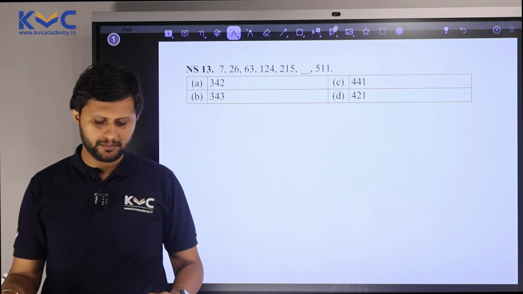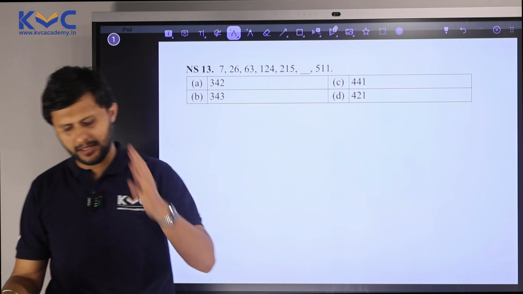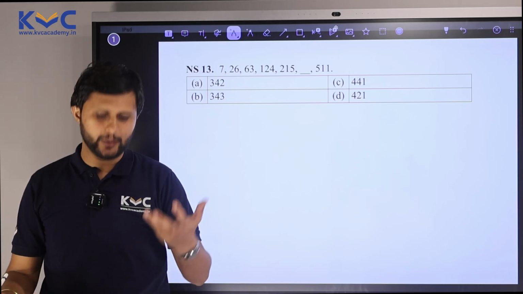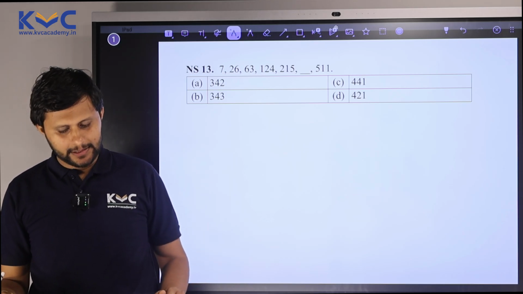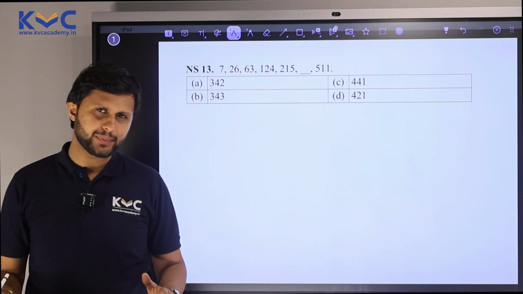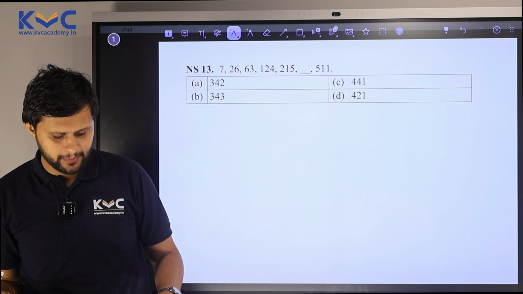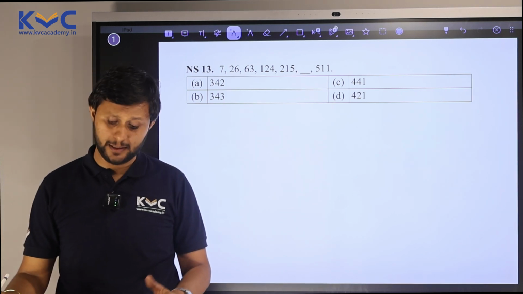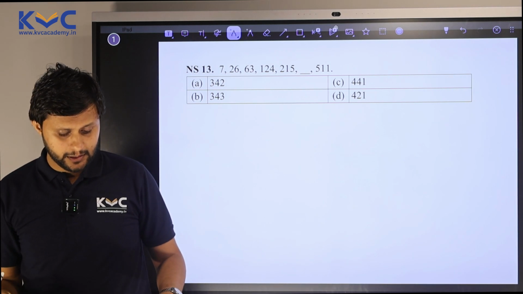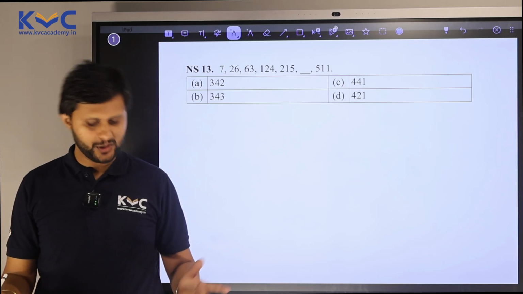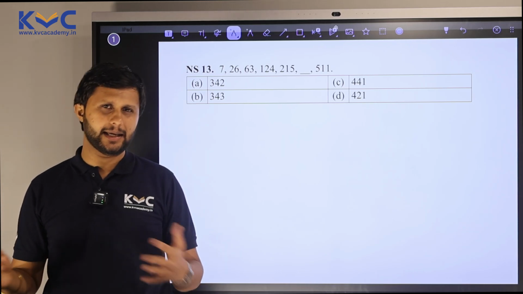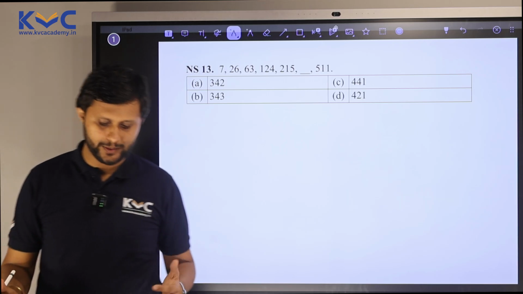The next number is not a multiple. 7 into 4 is 28. If I have to reduce it, it comes to 26. 26 to 63. First we multiplied with 4. So we can multiply maybe with 4. No, it's a bigger number. Multiply with 3, still a bigger number. Multiply with 2. So it's not matching. So it's not multiplication directly. So there must be something else to do with it.